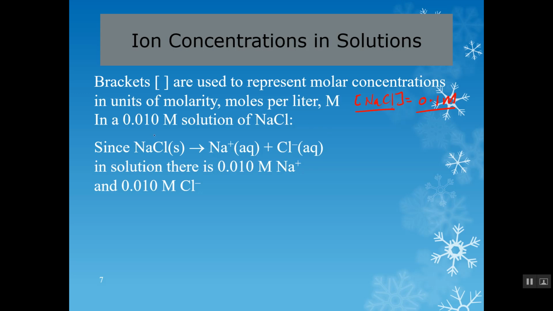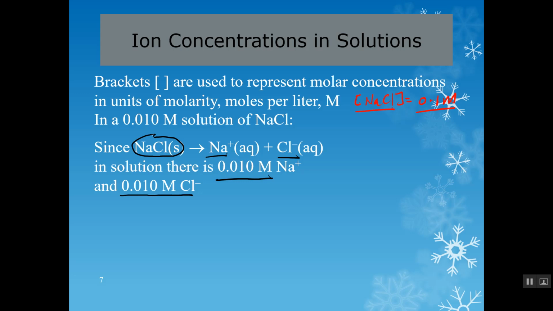So in this case, sodium chloride splits up to form sodium ions and chloride ions when you dissolve it in water. Therefore, we can conclude that the concentration of sodium ions is 0.01 M, and the concentration of chloride ions is 0.01 M as well, right?